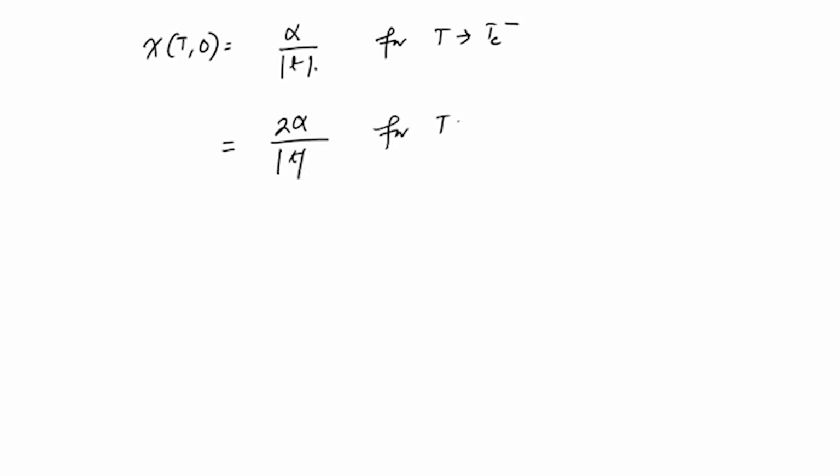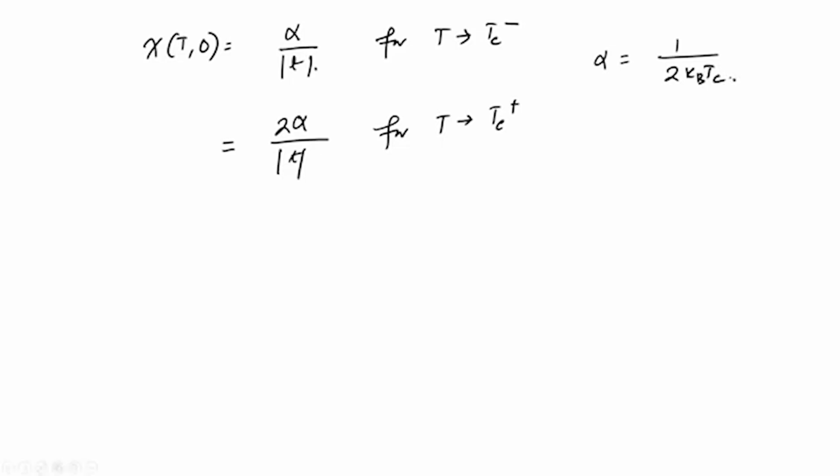So, we take these results and we say that chi, this is equal to some coefficient, say let us call it alpha over T for T equal to Tc minus, and this is equal to twice of alpha over T for T equal to Tc plus, where alpha is equal to 1 by 2 kTc. Okay.